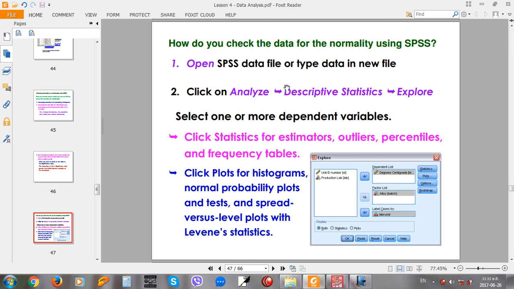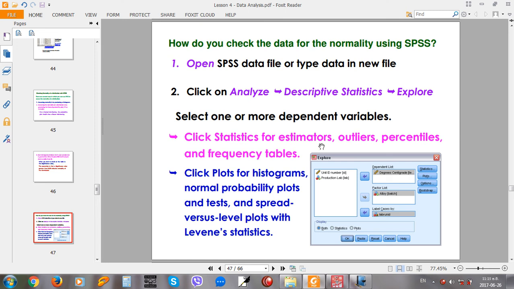So open the SPSS data file and the data in a new file. Analyze, Descriptive Statistics, Explore. Select one or more dependent variables. So you can use one or more dependent variables, right? I explained you can check normality by using one dependent variable or multiple variables at once.